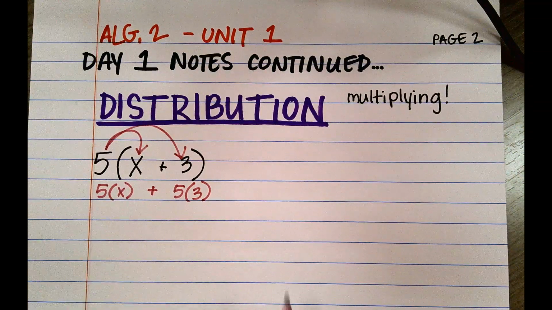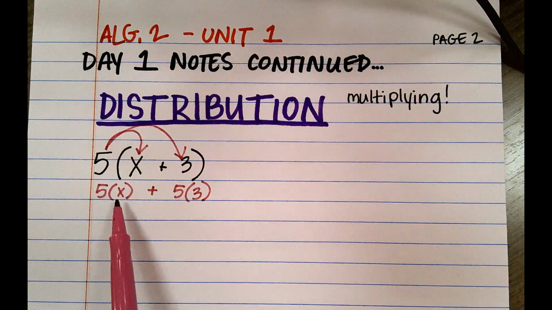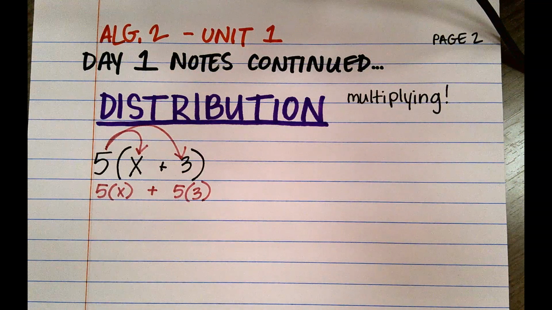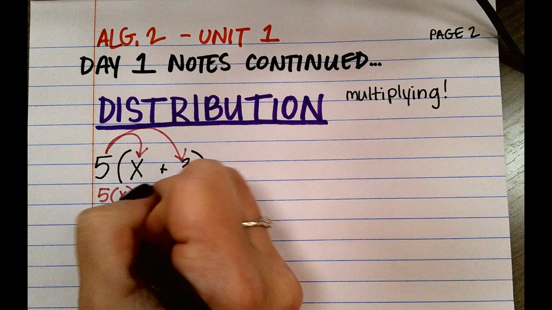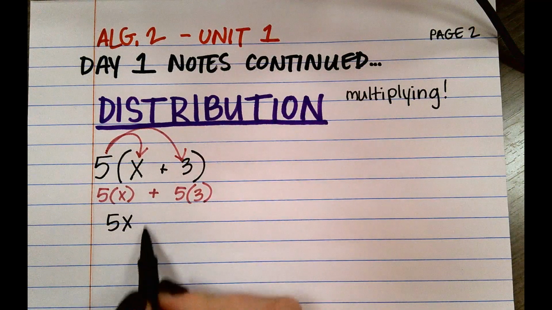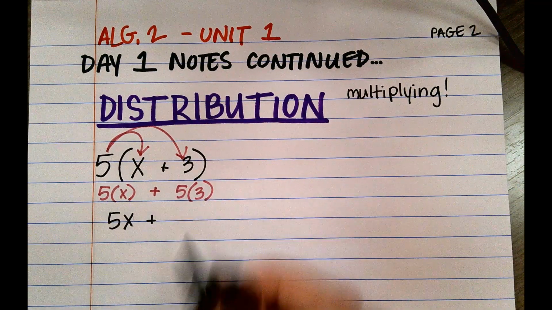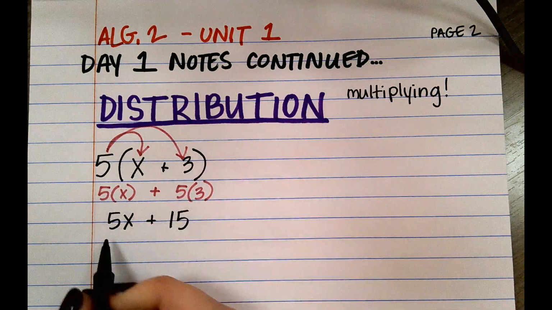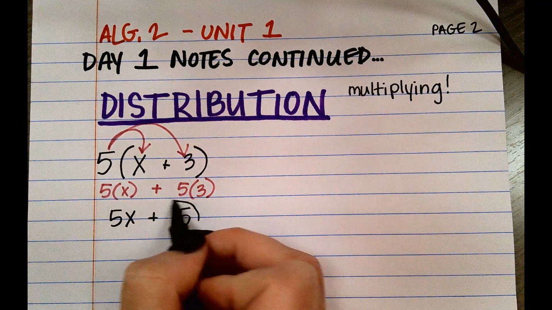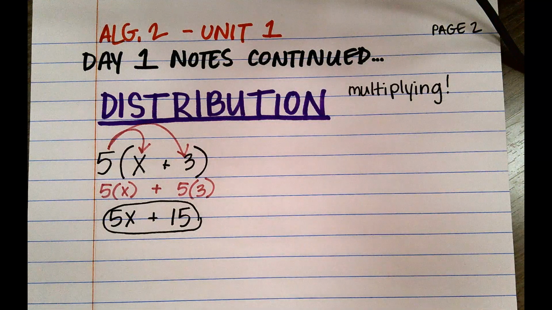What's 5 times x? 5x. If I have an x and I have 5 of them, I have 5x. Bring down my plus. What's 5 times 3? 15. 5x plus 15. That's your distribution.